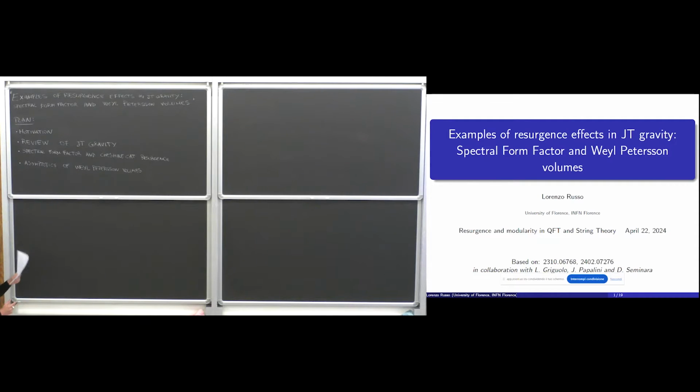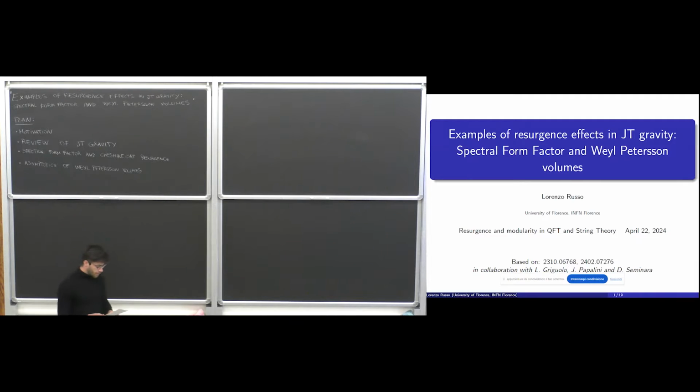And lastly, I'll tell you about how physics can give back something to mathematics in this field, and how both of these different fields can benefit from the exchange of information with one another. In particular, we will learn how to derive with resurgence some asymptotic formulas for the Weyl-Petersson volumes that I'll tell you about in a moment.